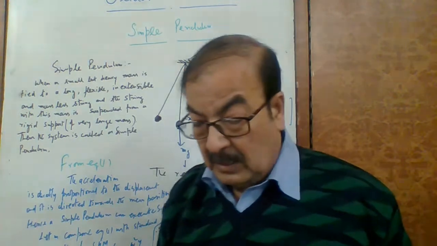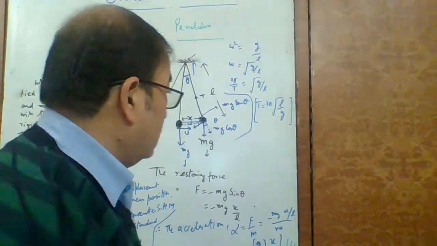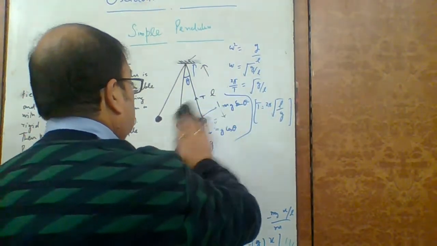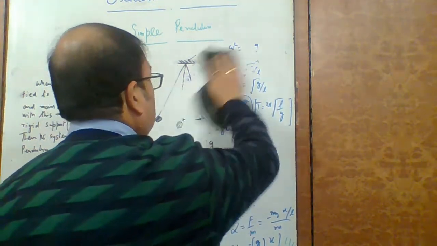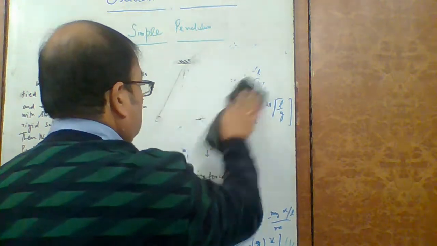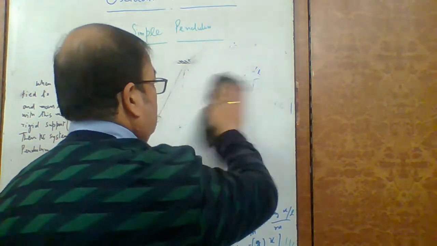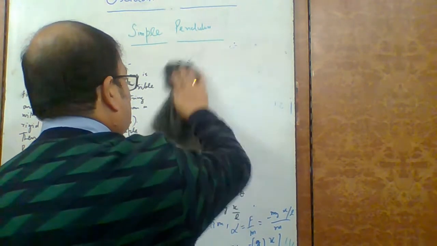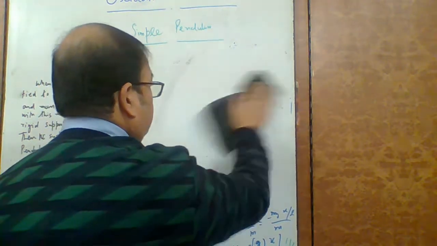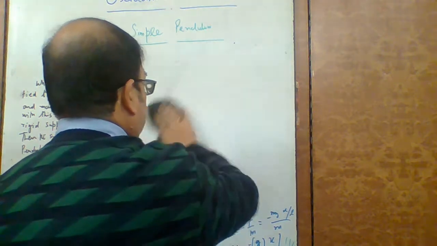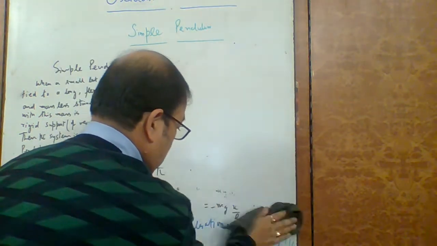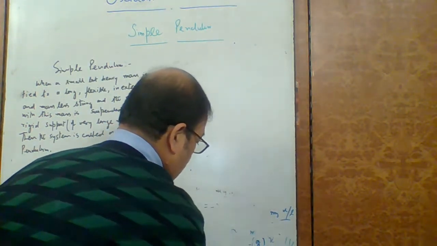Now, sometimes it is asked what is a seconds pendulum. Sometimes you are asked to just explain seconds pendulum. You have not to do much. There is no calculation at all. But only one thing is that a seconds pendulum is that which has its periodic time 2 seconds.